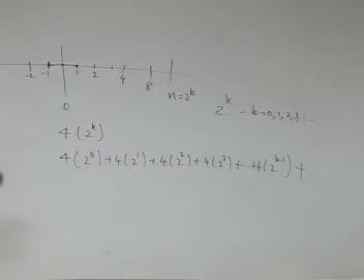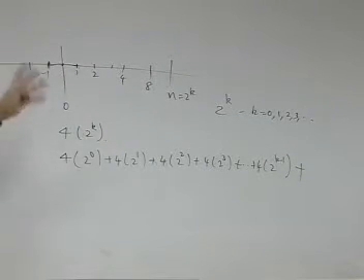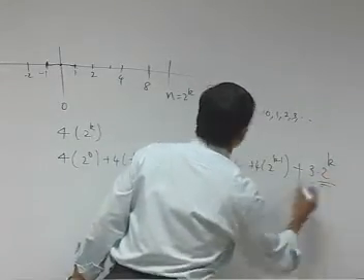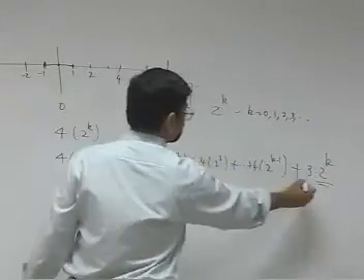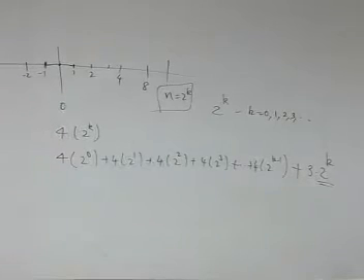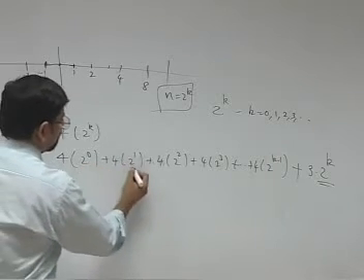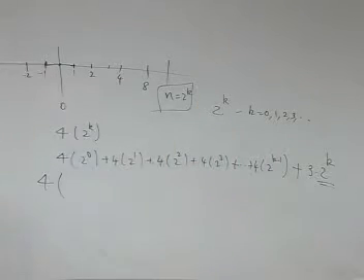As usual, if it goes to the right and then comes to the left, 3 into 2 power k, right? So n is 2 power k, and 3 into 2 power k is 3n, the complexity. So this is 4 into, what is 2 power 0 plus 2 power 1 plus 2 power 2 up to 2 power k minus 1?